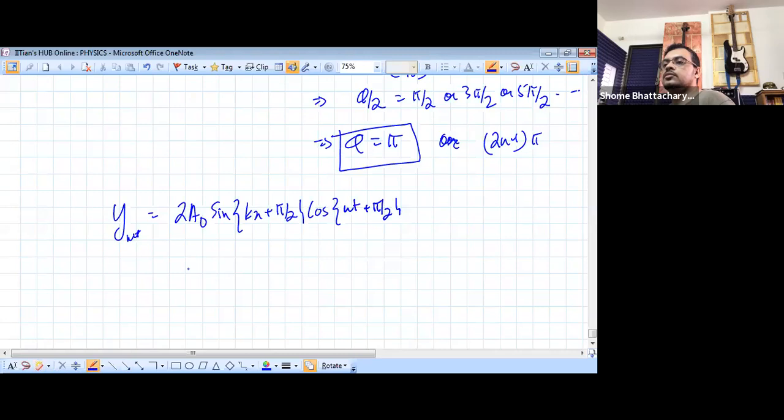As a term, our standing wave equation is becoming 2a naught. Now this cos omega t plus pi by 2 we can write as minus sine omega t. So minus, oh sorry, this term was omega t, this term was.